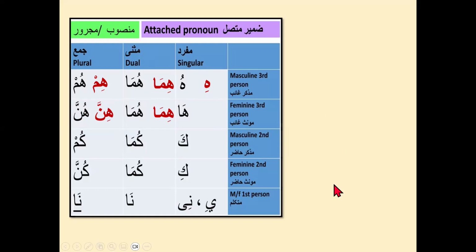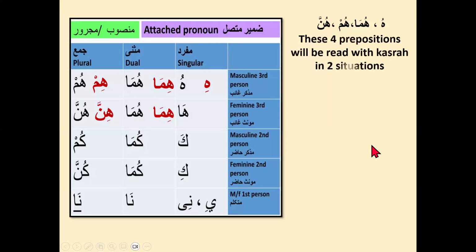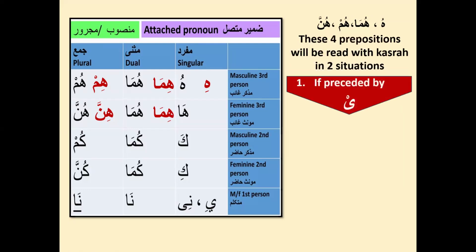So what's the reason behind it? I will explain the reasons now. These four pronouns, hu, huma, hum, hunna, will be read with kasra in two situations. First, if it is preceded by a ya. For example, alā: ain, lam, and ya.